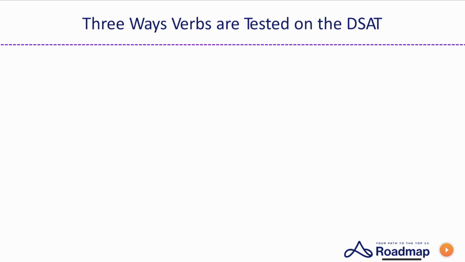So this concept is very basic, simple and straightforward. It just basically means that the subject and the verb have to agree in number: singular verbs with singular subjects, plural verbs with plural subjects. The second way that the SAT can test you on verbs is what's called verb forms.